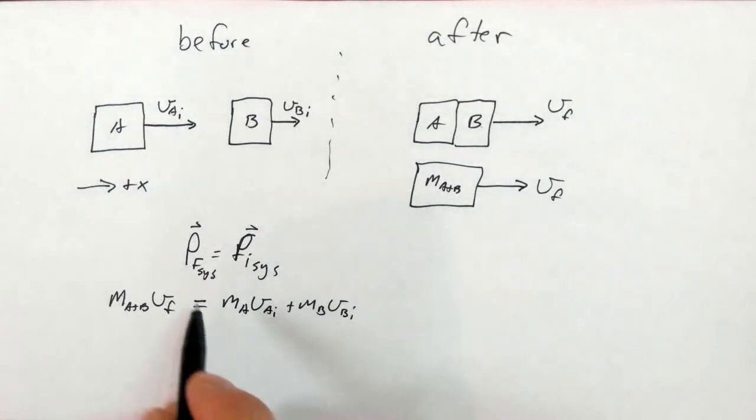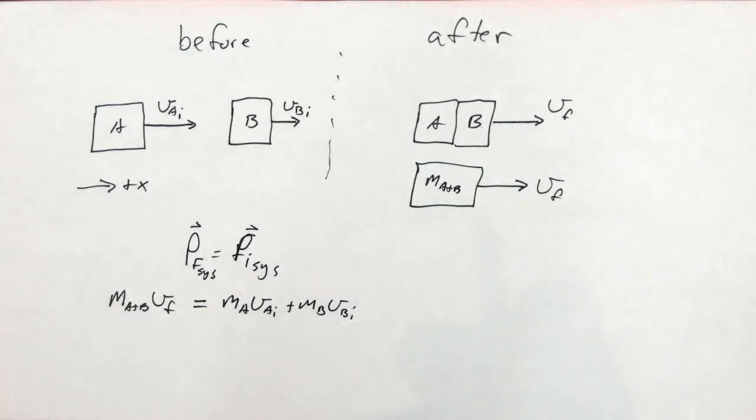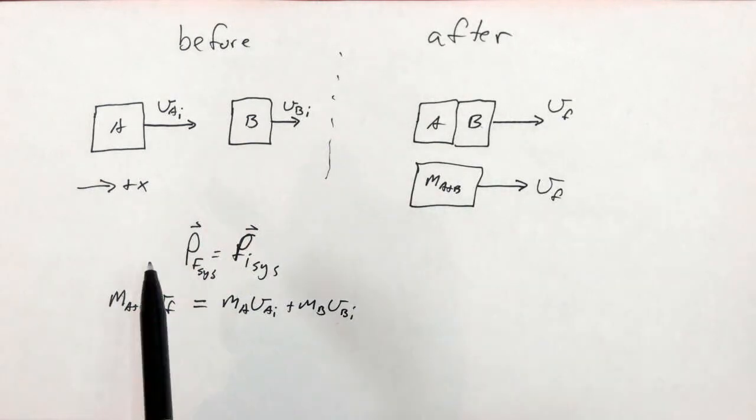And it's all right, because if I choose a direction, say this is positive, and I end up with a minus sign, well, guess what? I just made the incorrect guess, but my answer tells me what the correct guess is. So we don't need to really worry about the unknown direction. If we can't guess it from the physical situation, then we just choose it to be positive and then see if we end up with a positive or a negative value when we're done. So this is the way we can compare these velocities.